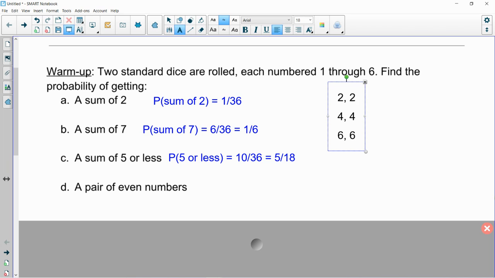So how about this? A 2 and a 4, and also a 2 and a 6. So a 2 and a 2, a 2 and a 4, a 2 and a 6. Okay. We could do a 4 and a 4, a 4 and a 2, a 4 and a 6.